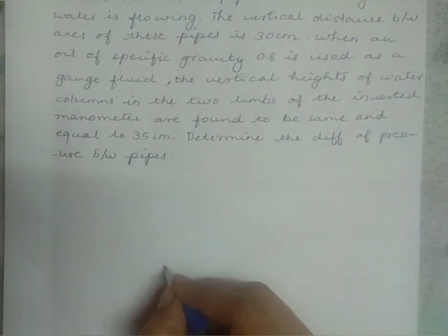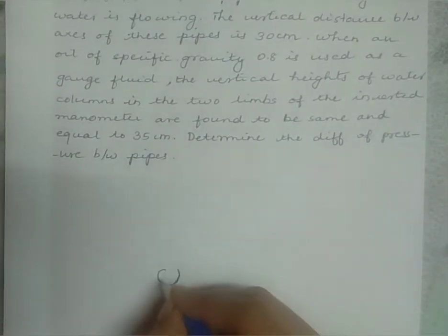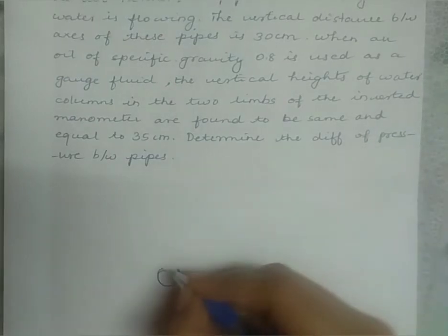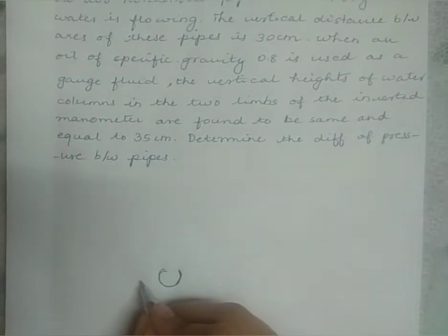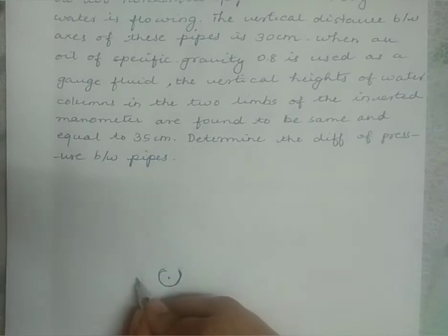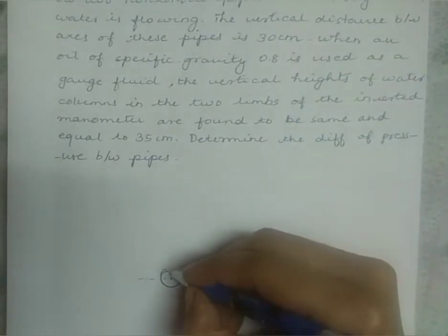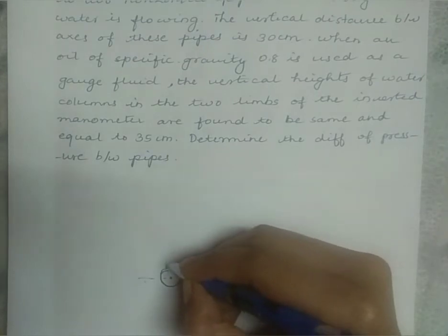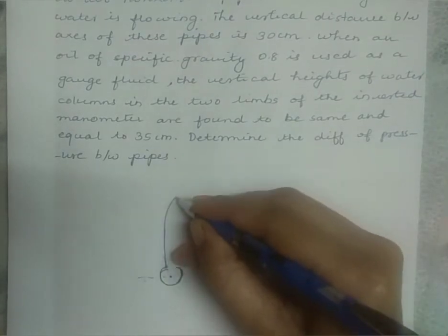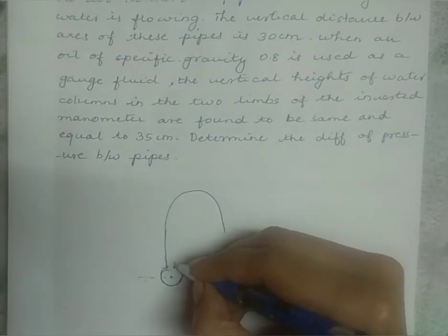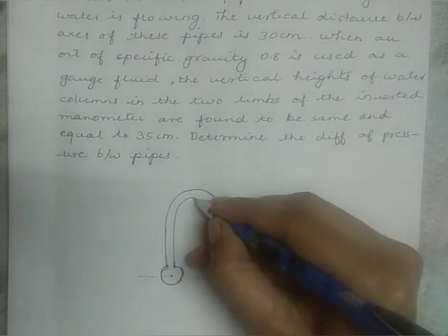Here one pipe is like this. Suppose this is the first pipe, at this particular level. There is a height difference to the second pipe. Here I am connecting it with an inverted U-tube manometer. So this is the inverted U-tube manometer.